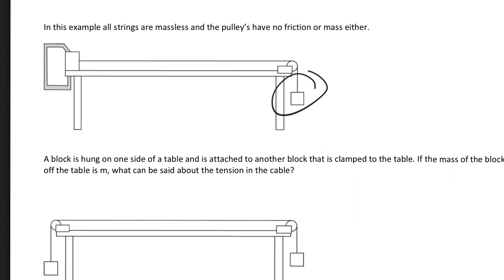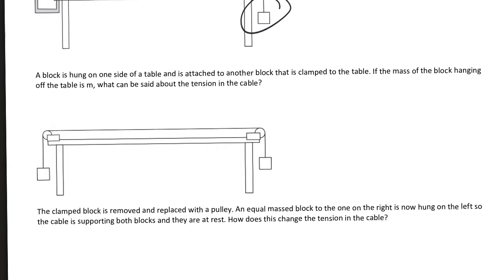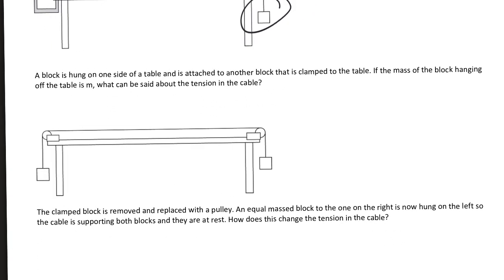Now, the next question is designed specifically to see if you're really paying attention or if you're only paying attention marginally. There are a group of students who believe that if I replace the clamp with another hanging block, since the cable is supporting 2 blocks, the tension in the cable now must be twice the weight.